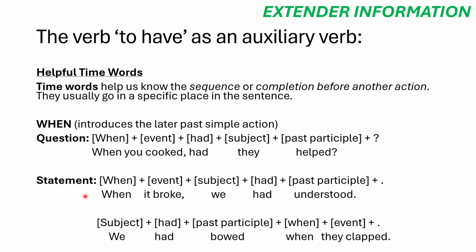At the beginning of a statement, using when, a comma is required to show a short pause between expression of events. When plus event plus subject plus had plus past participle.